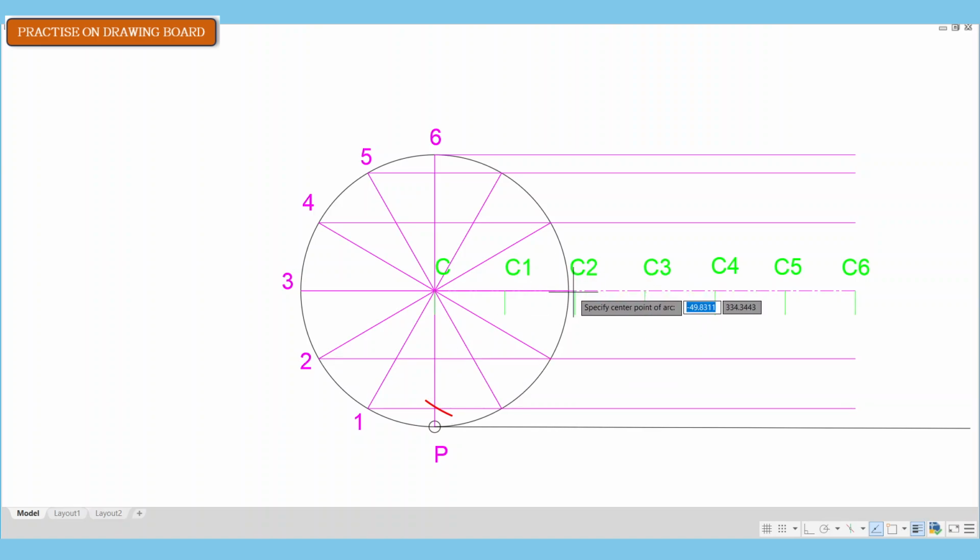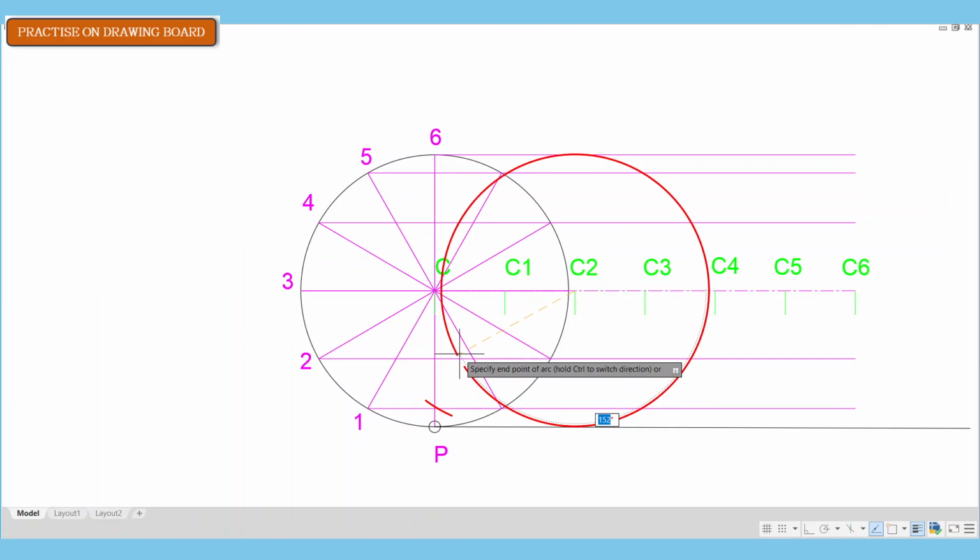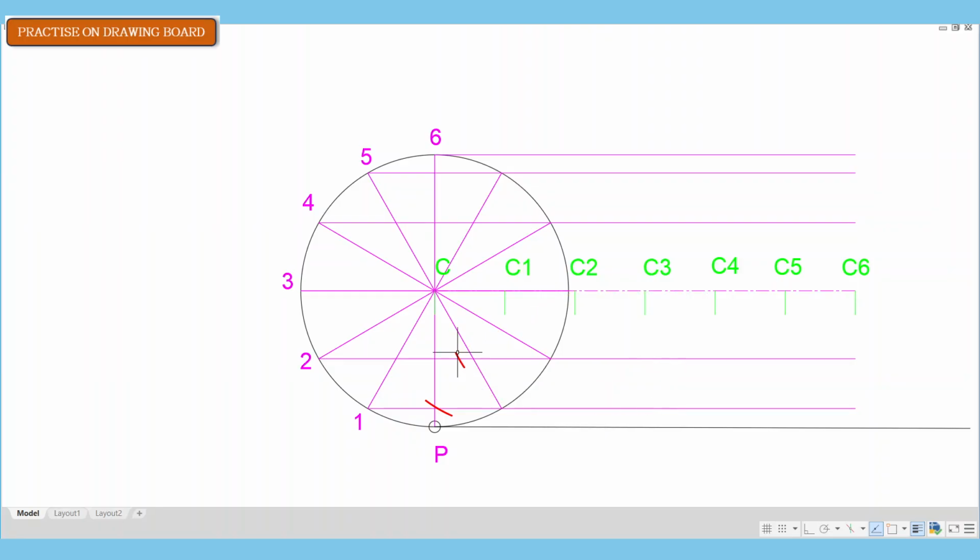So we now move to the second center, which is center 2, with the same radius of 25. We have to describe an arc on the 2 horizontal line, and that will be point 2. Now we go to center 3.